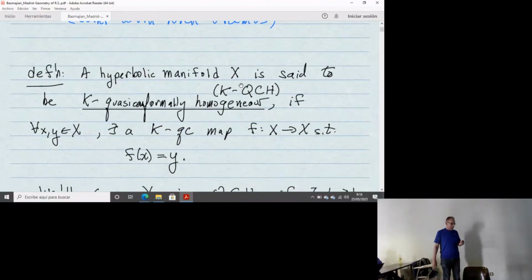So we'll say that it's K-QC homogeneous, or K-QCH, if for any 2 points there's a K-QC map F mapping the hyperbolic manifold to itself that takes one point to the other. Okay? So, by the way, what does quasi-conformal mean in this category? What you should be thinking is infinitesimal spheres get mapped to ellipsoids in higher dimensions, ellipsoids with uniformly bounded eccentricity.